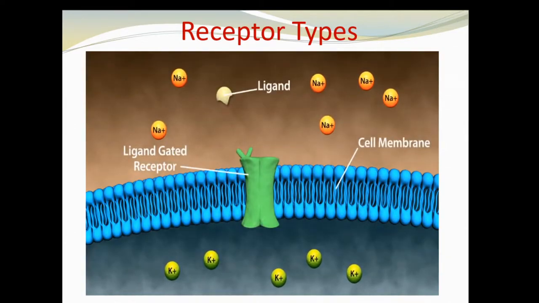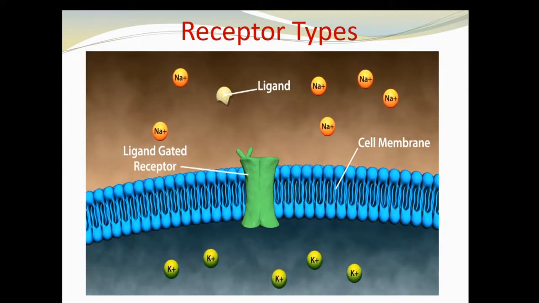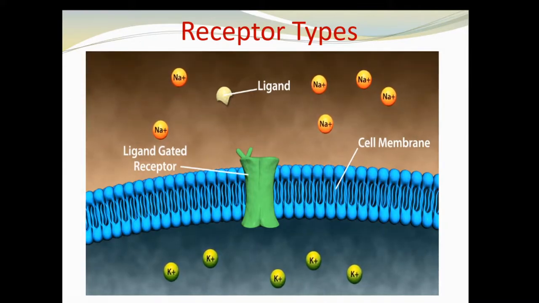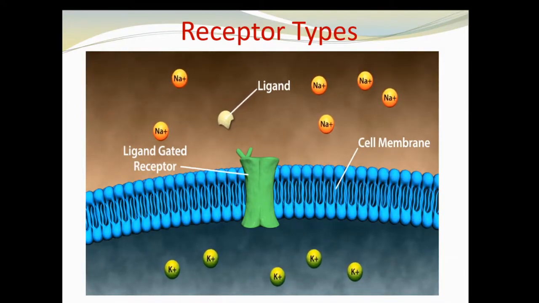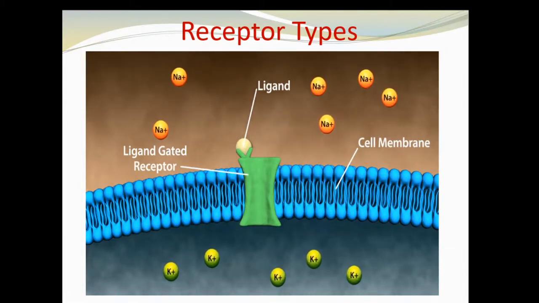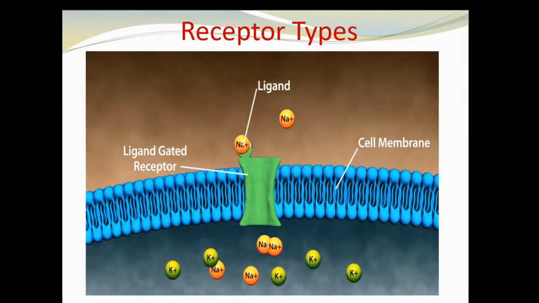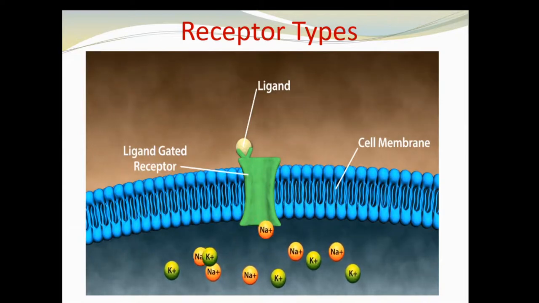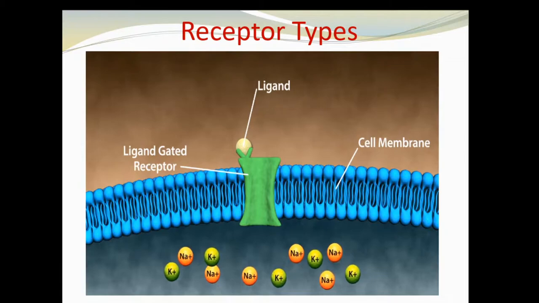In ligand-gated receptors, the cell membrane requires specific ligand-gated channels for the movement of hydrophilic molecules through it. First, the ligand binds to the receptor, then the receptor gate opens. For example, acetylcholine binding to nicotinic receptors. In this example, sodium enters the cell and an electrochemical gradient is created, resulting in depolarization.